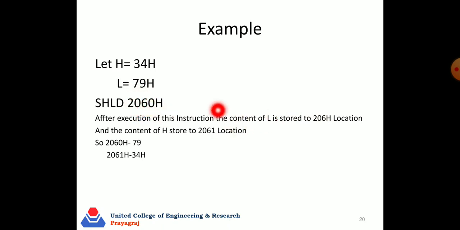The content of L, that means 79, is copied to 2060, and the address is automatically incremented by 1. That means in 2061, the content of H is copied to the next memory location. So after execution of this instruction, 2060 will become 79 and 2061H will become 34H. Clear?